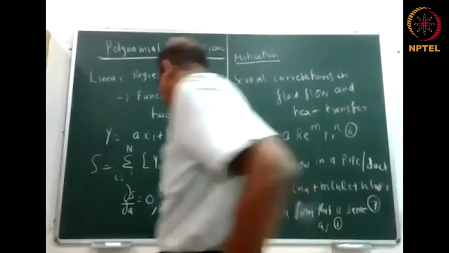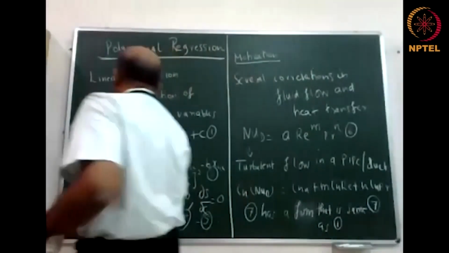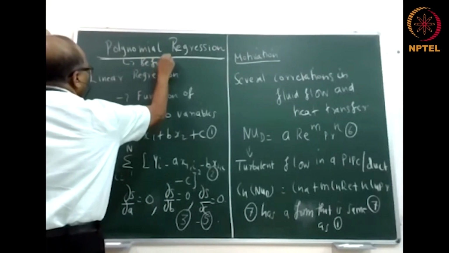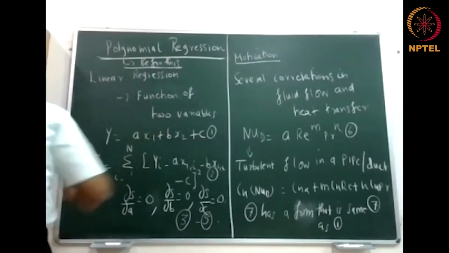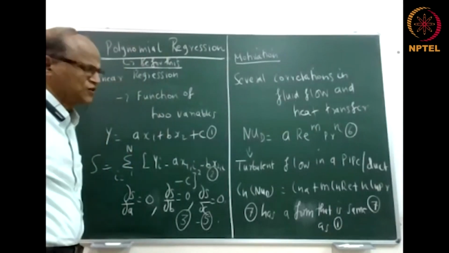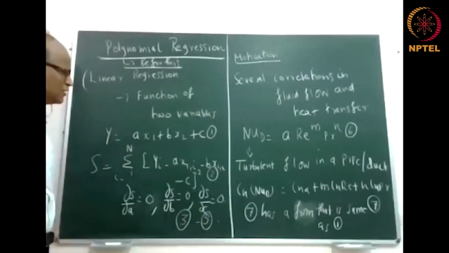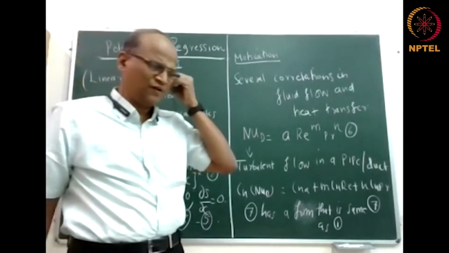Okay. So before this, we are looking at linear regression as a function of two variables. For example, y equal to ax1 plus bx2 plus c. So a, b, c are the three parameters to be retrieved.